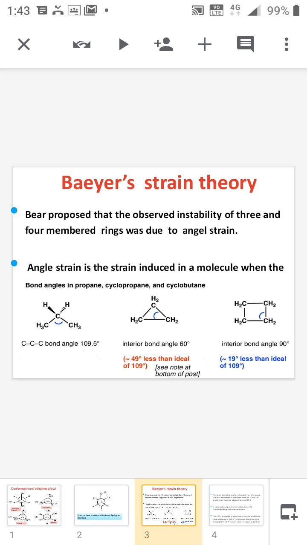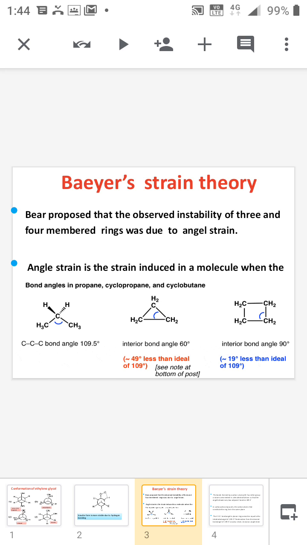So according to Baeyer's concept, cyclopropane is unstable and cyclobutane is also unstable, and every other cyclic compound is unstable, because if we are forming a cyclic compound, we have to stretch the C-C sigma bonds very close to each other. So it is deviating from the tetrahedral bond angle.